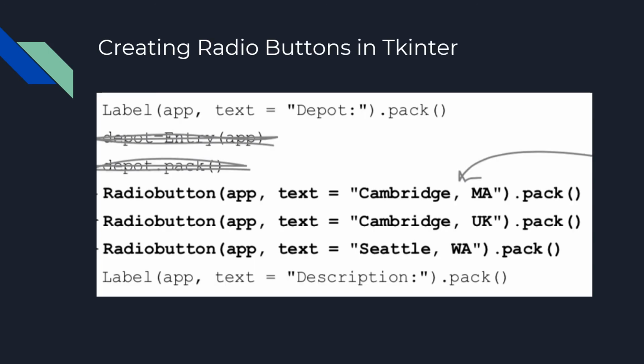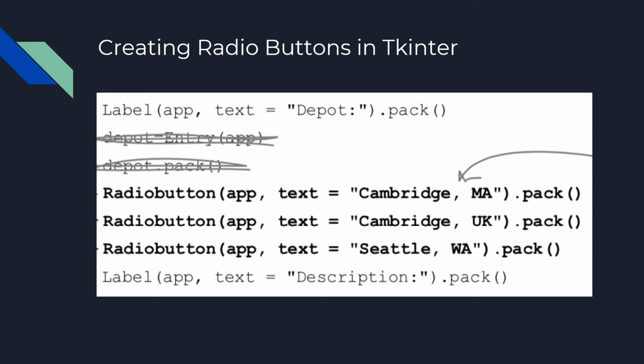In order to create radio buttons in Tkinter, we need to remove the dpot entry widget and replace it with 3 radio button widgets, one for each of the valid dpots. The text given to each widget will be the text that appears alongside the radio button in the interface. In the previous code, we have written dpot equals Entry(app) and then dpot.pack().